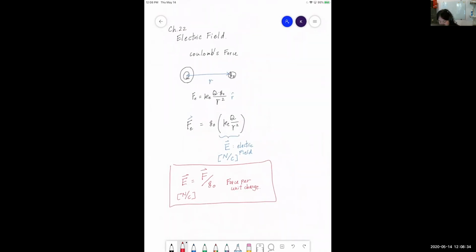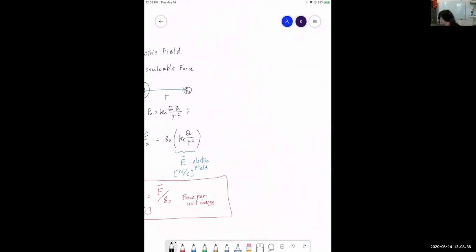Imagine something like this. We have a big Q here. And notice that the electric field I wrote as a vector. It's a vector just like force.